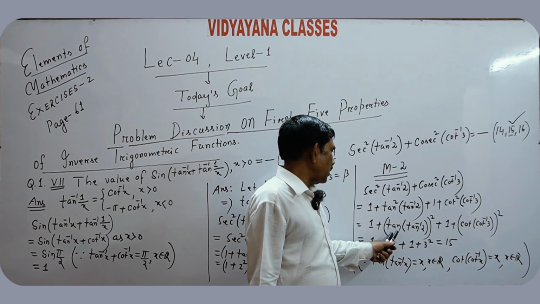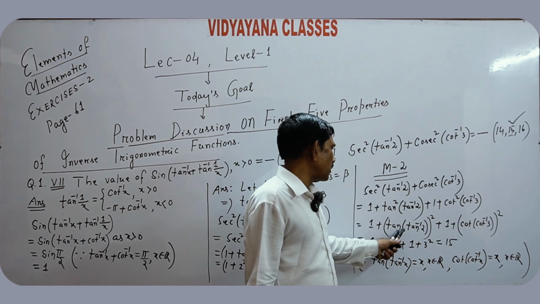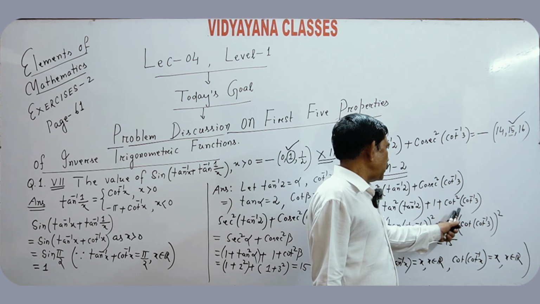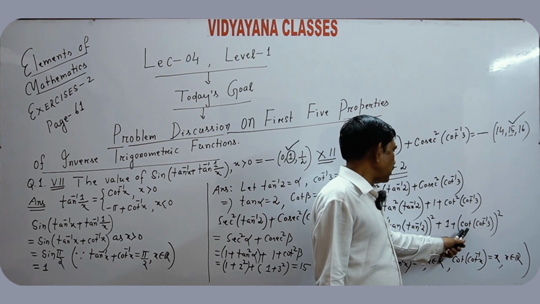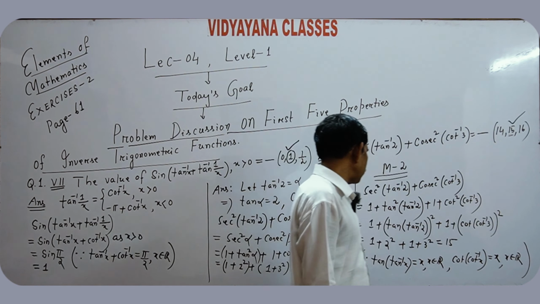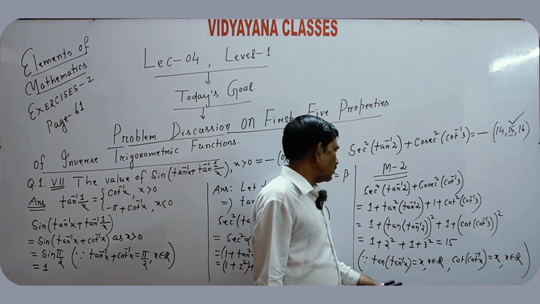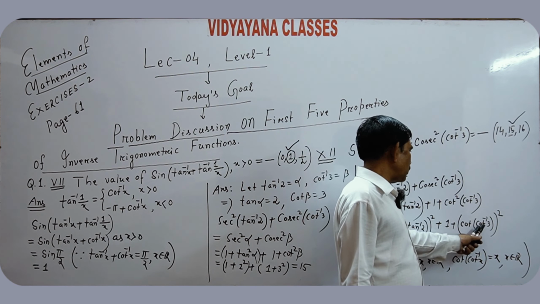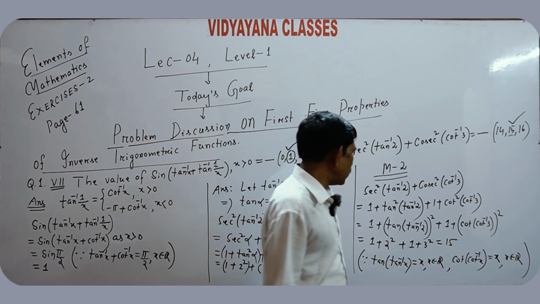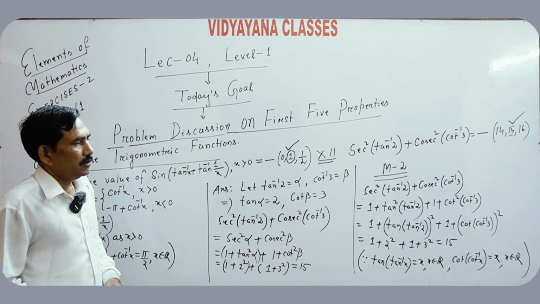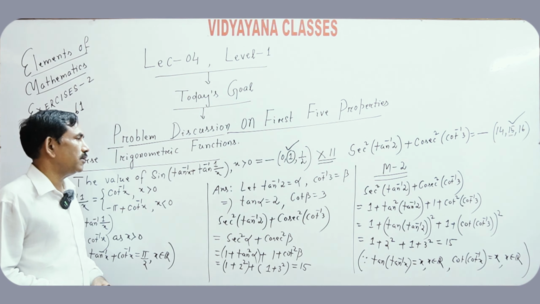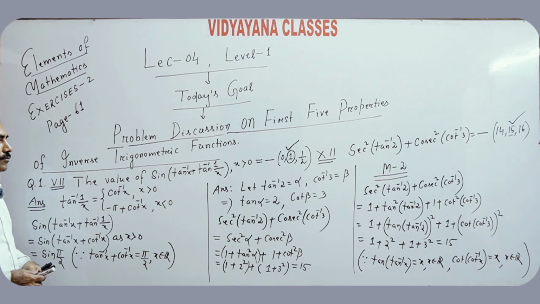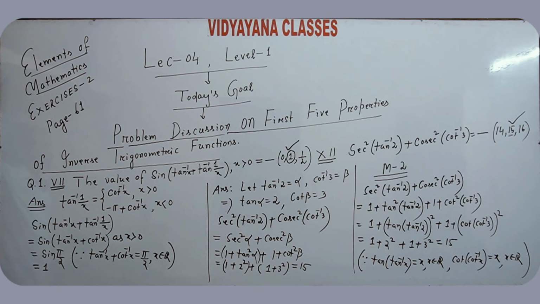Tan square theta is the same as tan theta whole square, where theta means tan inverse 2 or alpha. Similarly, cot square is written as cot inverse 3 whole square. Tan of tan inverse 2 is equal to 2, its square, plus 1 plus cot of cot inverse 3, that is 3 square. So the result is 15. Clear? Okay. Note down.